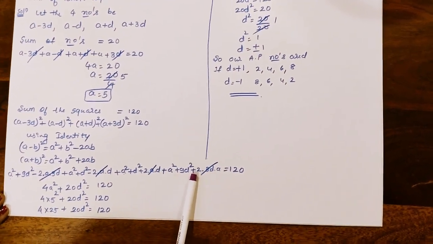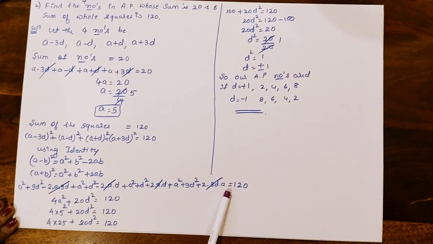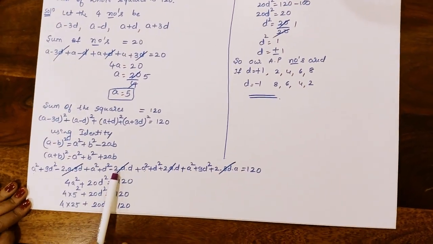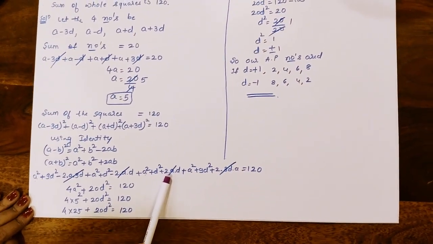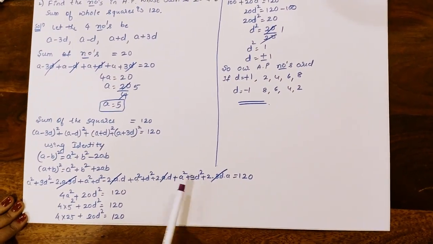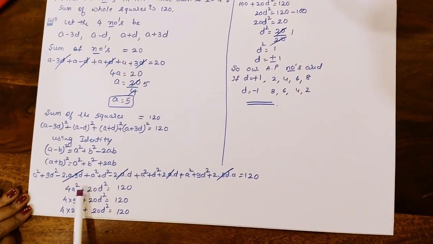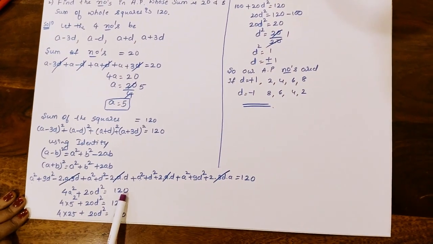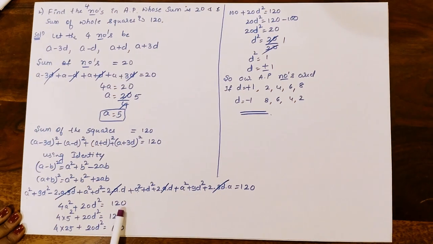The terms minus 6ad, minus 2ad, plus 2ad and plus 6ad cancel out, leaving 4a square, and 9 plus 9 plus 1 plus 1 is 20 d square, which is equal to 120. This is our next equation.